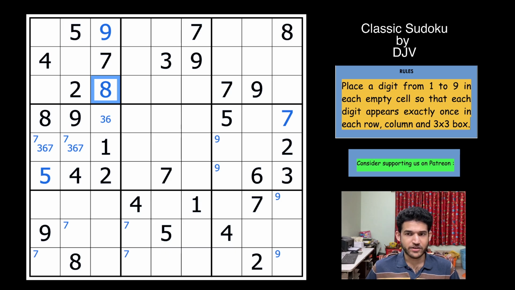And that gives 8 in row 2. Right. 8 in box 8 goes into these cells. And 8 in box 9 cannot be in any of these cells, it goes in these two cells.